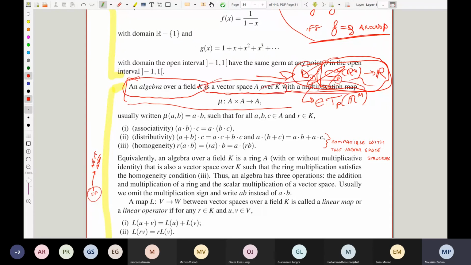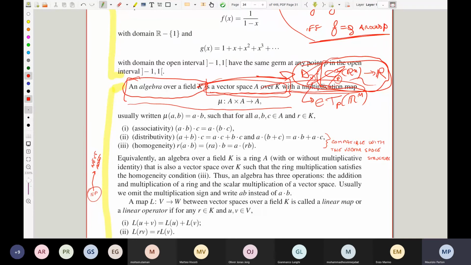You see, we build on already known topics. An algebra is a vector space. If you don't know what a vector space is, of course, you have to stop and study vector spaces first, and then you can go to algebras. And when you put additional structures on an already existing structure, you ask for compatibility.